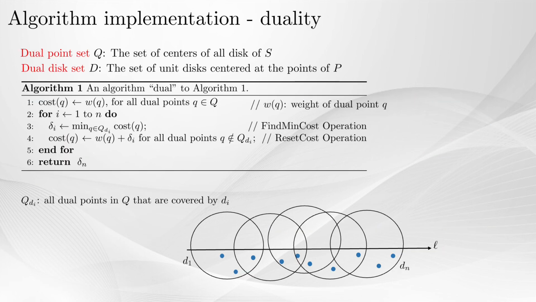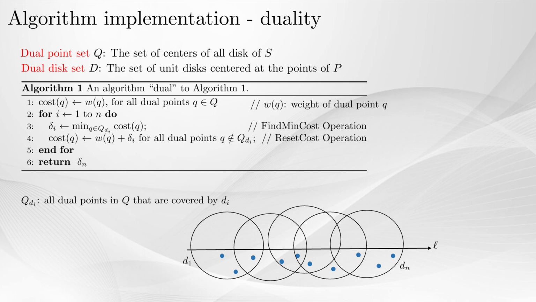After we talk about how to prove the correctness of our algorithm and explain the difference between our algorithm and the algorithm proposed by Peterson and Wang, let's talk about the algorithm implementation. Here actually we transfer our problem to a dual problem by the following setting.